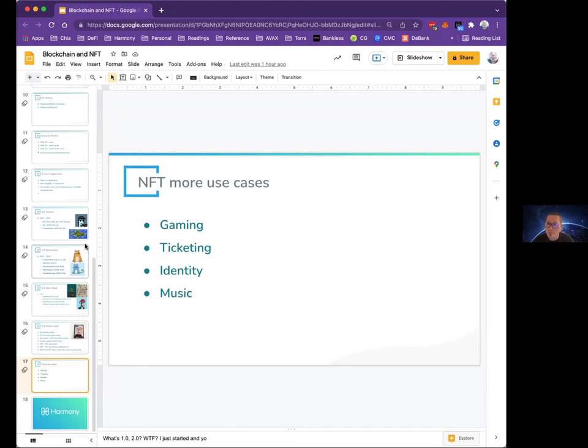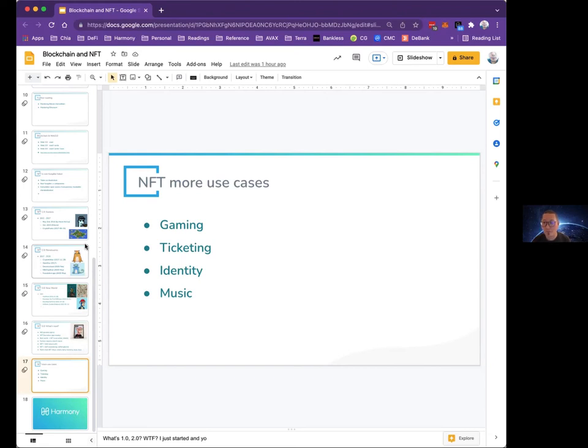And also NFT together with music. I use this as an example to convince people why NFT is a big thing. Think about, I don't know, for the high school students, whether you have any experience listening to music before streaming and before digital music.